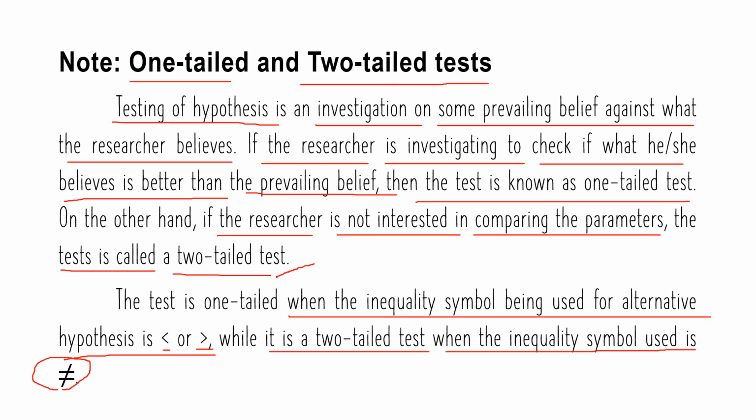That's why we use not equal to, because the problem did not mention or is not specific if that is less than or greater than. So as a researcher, if we don't know if that is greater than or less than, then we should go with not equal to, and we use a two-tailed test.